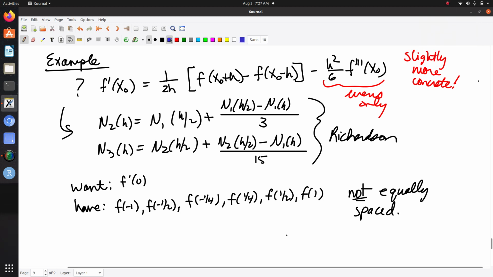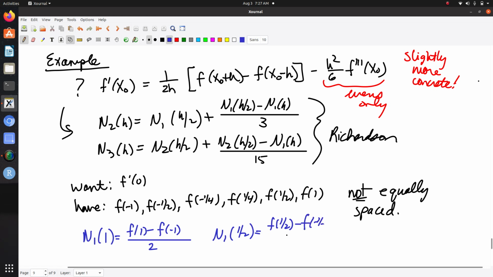Okay, so what we want to do is figure out what n1 is. n1 of 1 is f of 1 minus f of minus 1, over 2. And n1 of 1/2 is going to be f of 1/2 minus f of negative 1/2 divided by, well, what are we going to divide by? 2?